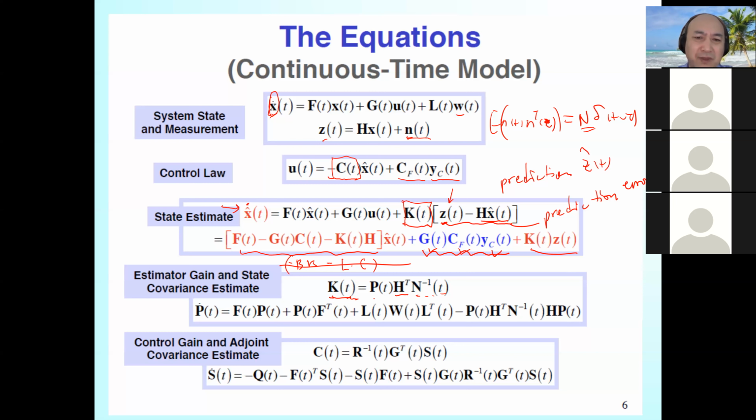And so what is the P(t)? P(t) looks familiar. This is the Riccati differential equation. So this is like AP + PA transpose.